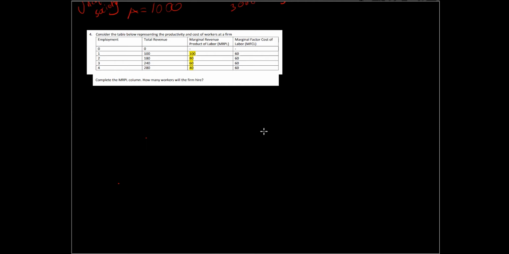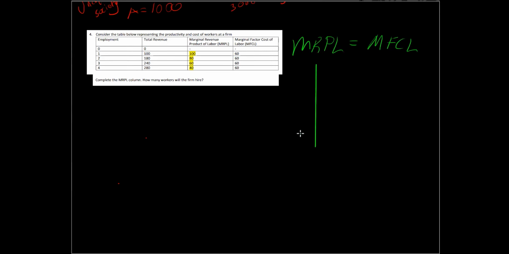And so they're going to continue to hire workers until marginal revenue product of labor is equal to the marginal factor cost of labor.